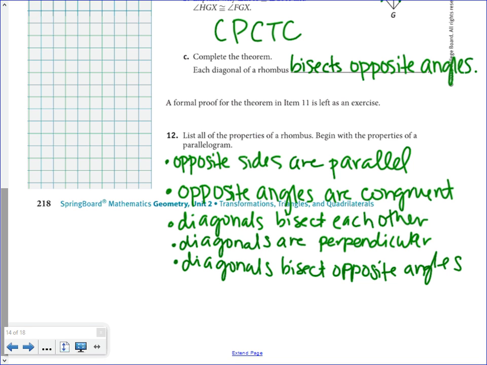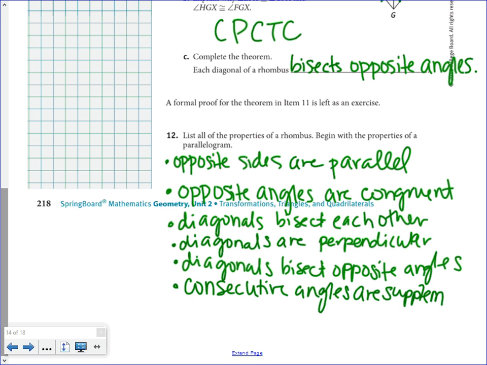And we know that consecutive angles are supplementary. And we also know that all sides are congruent. That's part of it being a rhombus.